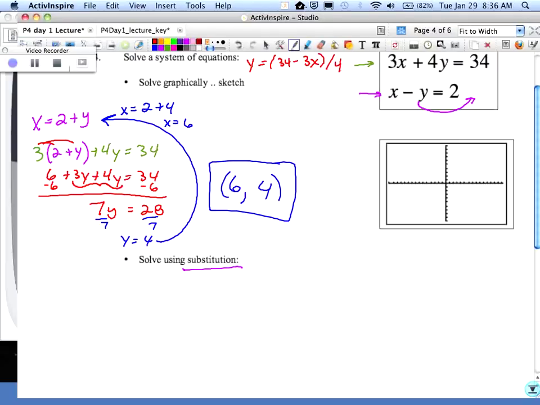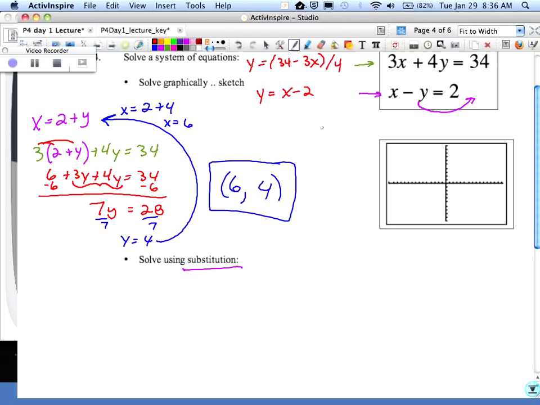The bottom one here, if you send the y to the other side like we did, then you have to send the 2 back. So this one's going to be y equals x minus 2. So let's type those into our y equals.